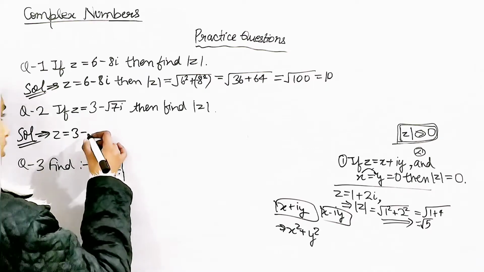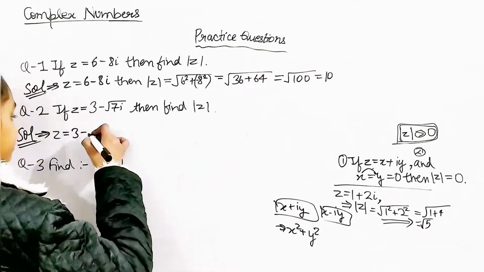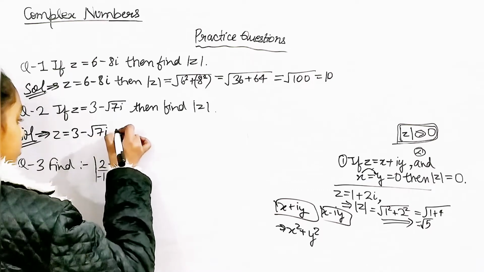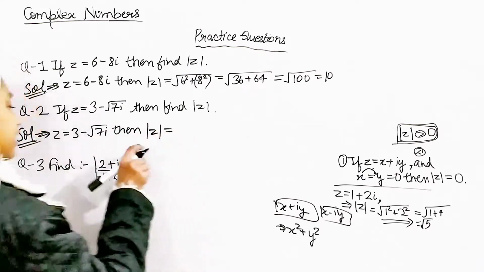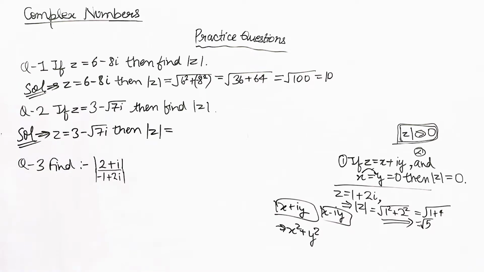So then mod z is going to be... can you guess the answer without doing any calculations? What is it going to be?